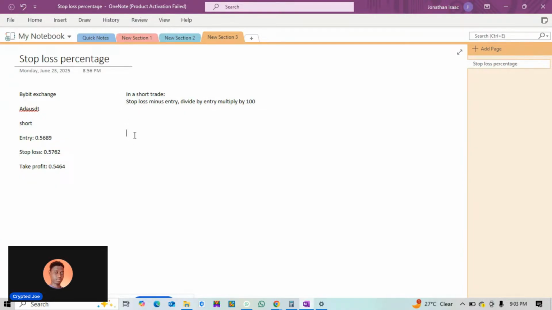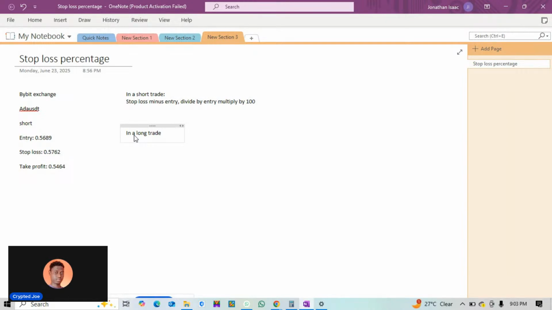Now in a long trade, if you want to buy, if you are taking a long, your entry is the one higher than your stop loss.